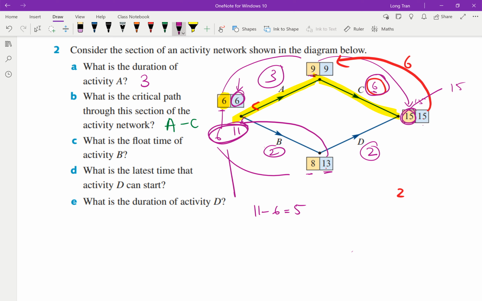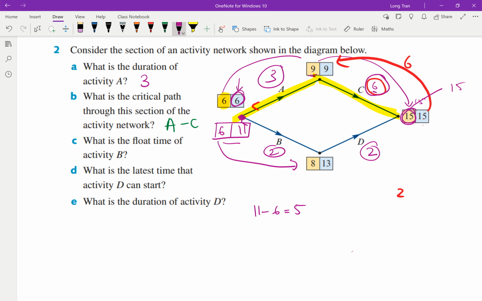Okay, so that's what I'm trying to get your head around, just so that you understand what you're doing there. But the answer there would be 5. That's how you would find out the float time for B. So even though they don't write it technically, there should be another box here where the starting time for B was 6, and the latest start time for it can be calculated. If you know 6 to 8 is an extra 2, well then 13 minus 2 gives you 11.